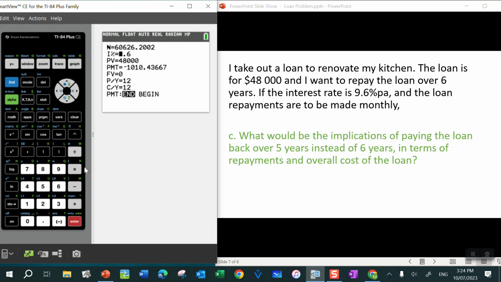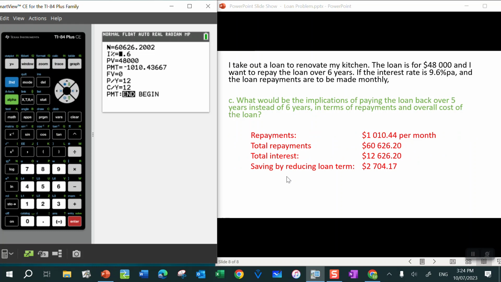And my payments are going to come to $60,626.20. If you do a bit of arithmetic, what you're going to discover is what's on the next screen. So the repayments have gone down to $60,626.20.